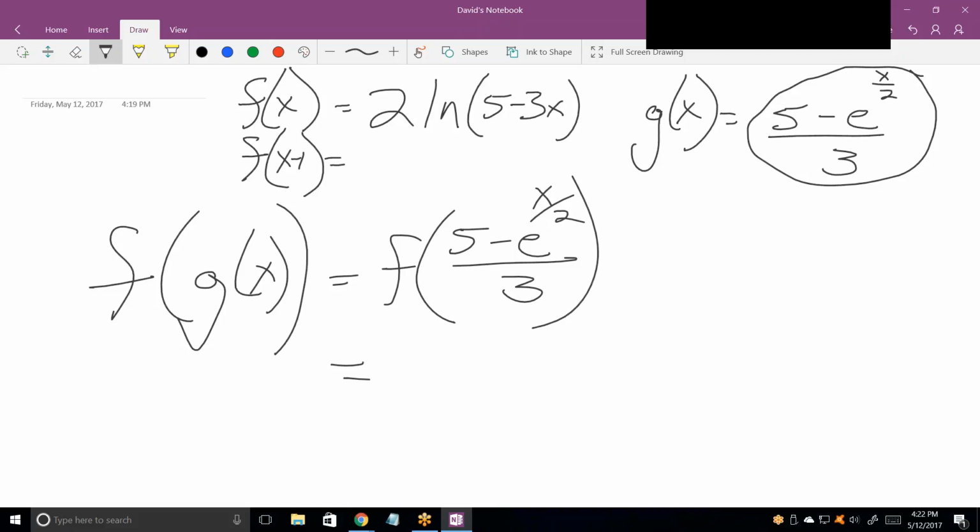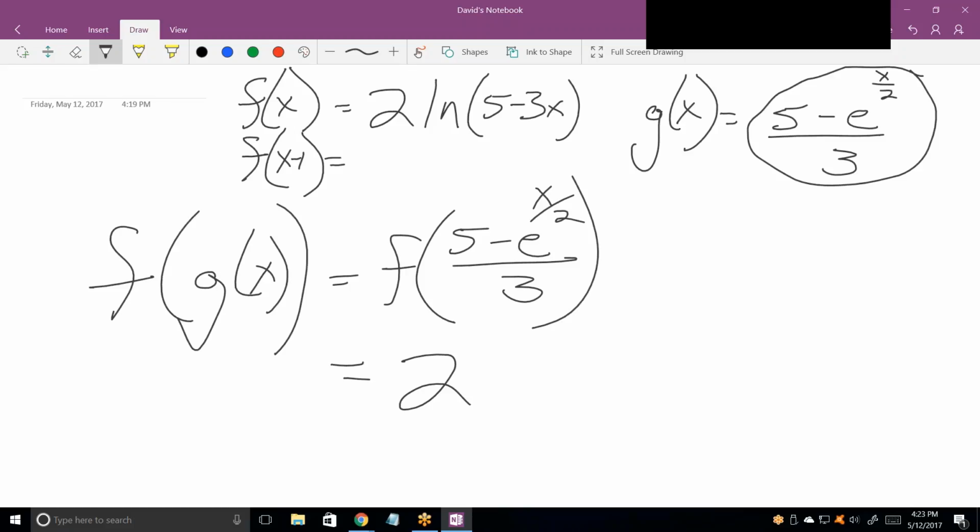What is f of that? f of that is basically you replace all x's with that. It's complicated enough that it's easier said than done. So the first thing to do is just replace everything, and the second step is to go in and simplify. So what do we got?